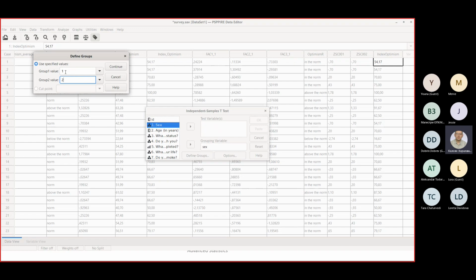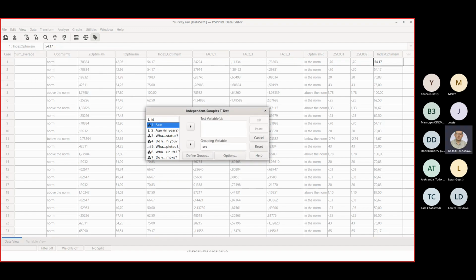So 1 is male, 2 is female. I have to type here these codes, these numbers. And then optimism. Optimism must be moved from left to right. And then, okay.